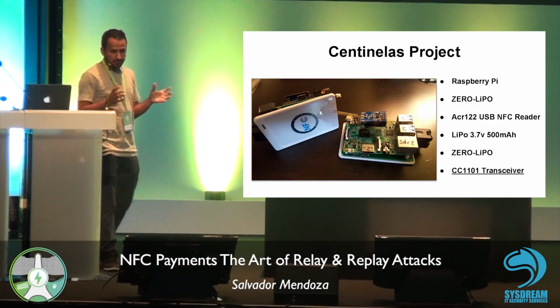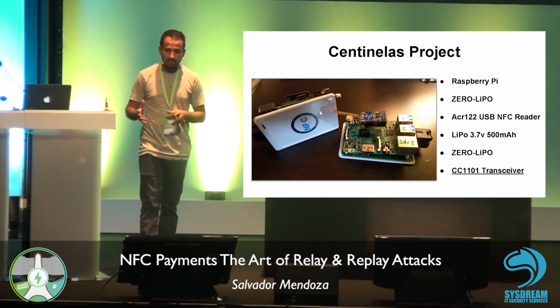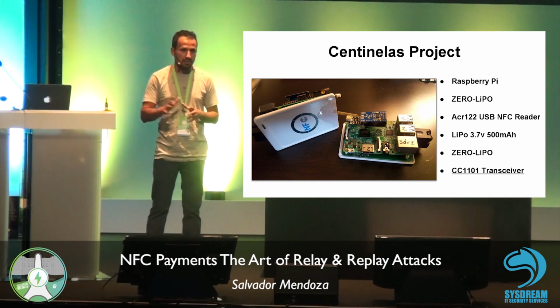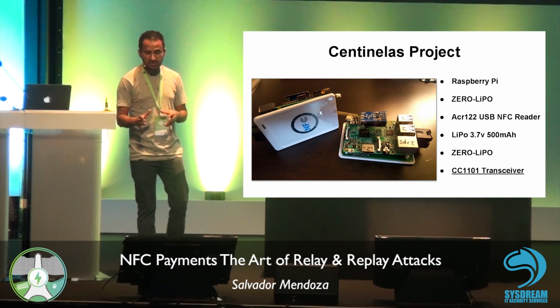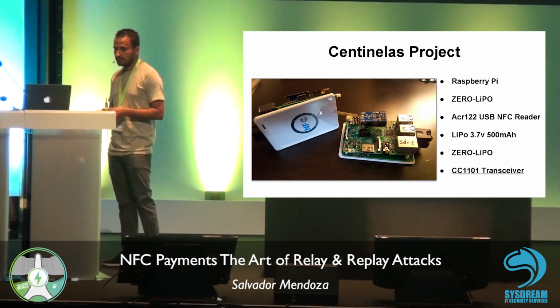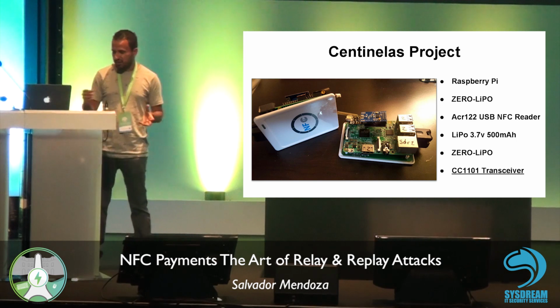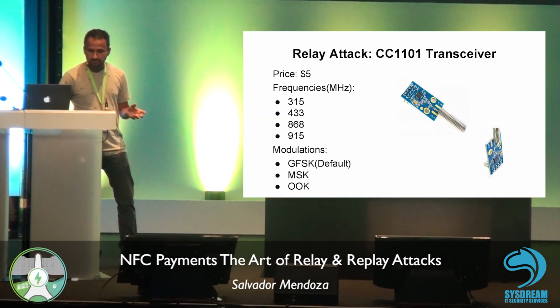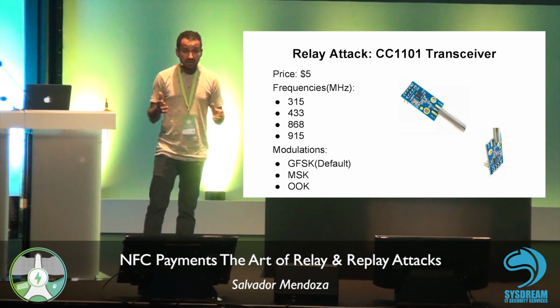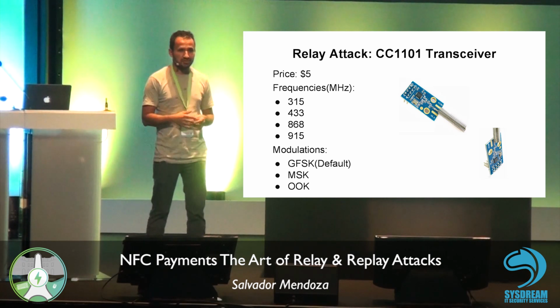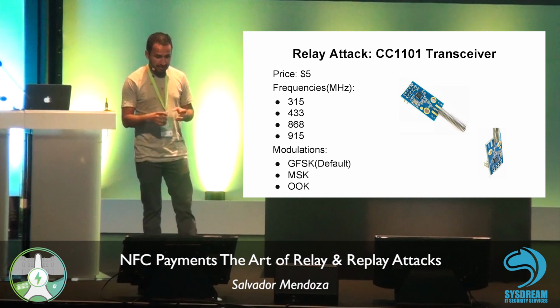This is the project. We have two devices called Sentinelas, which basically are the same hardware as for the replay attack, but I add the CC1101 transceiver, which basically is a cheap SDR that you can find on eBay. I'm not buying it or using it because it's very powerful.